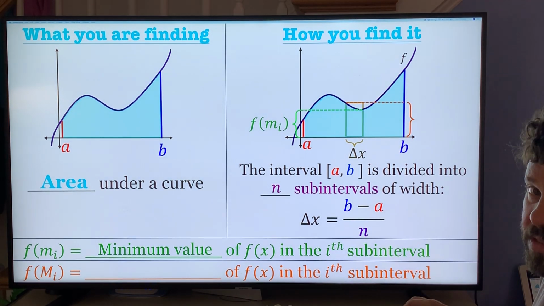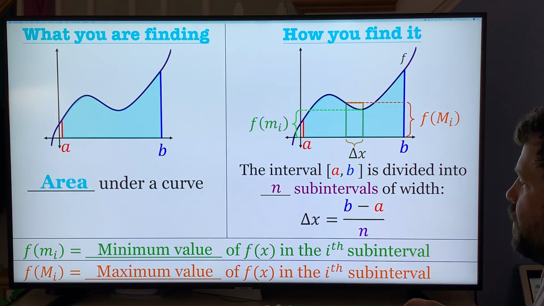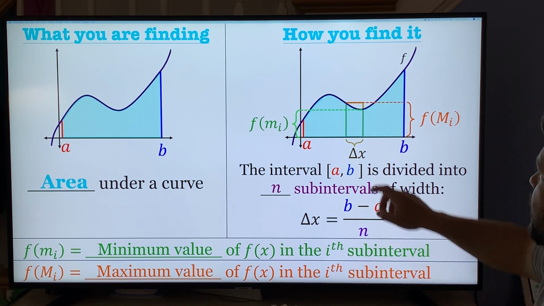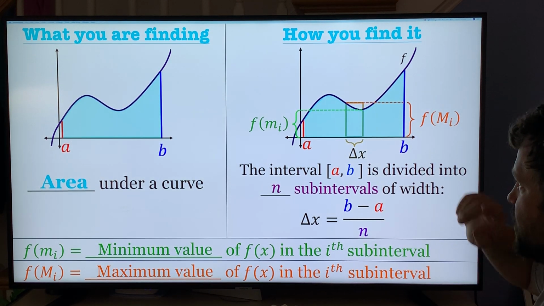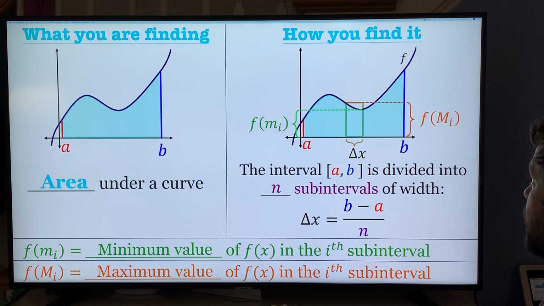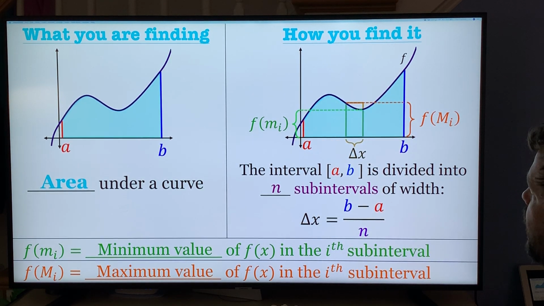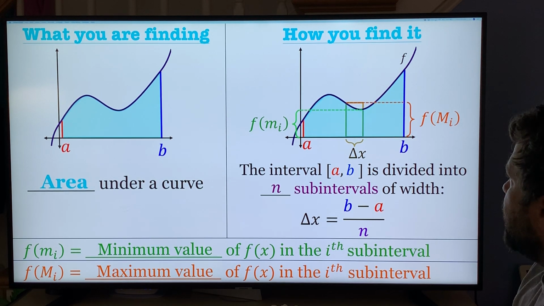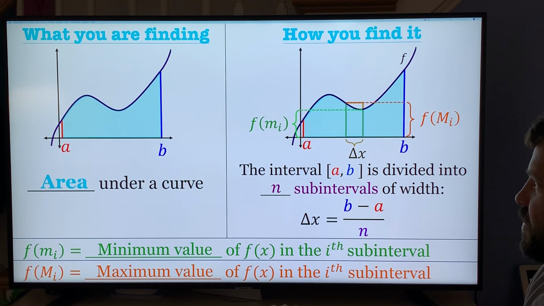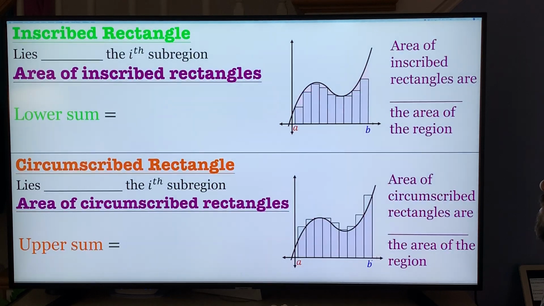That's the lowest points the graph hits. All right, f of big M is the maximum value. That's the high points of the graph. Now, obviously, you could have some going both, but in this case, low interval, m i, high interval, big M. All right, so that's your max and your min.